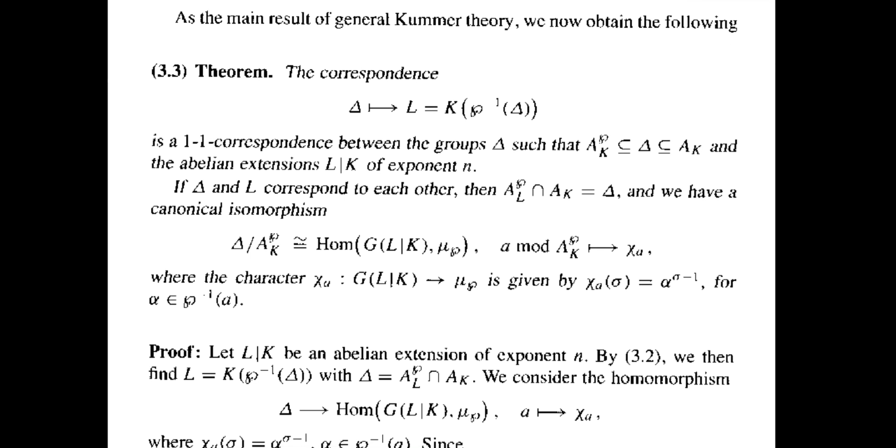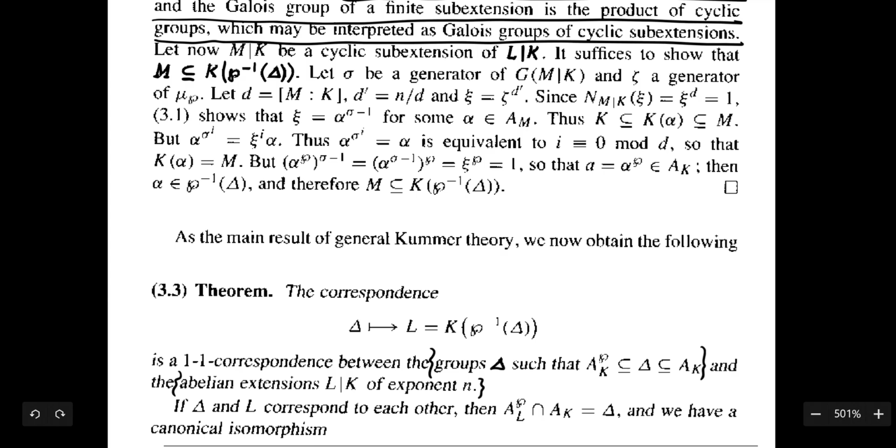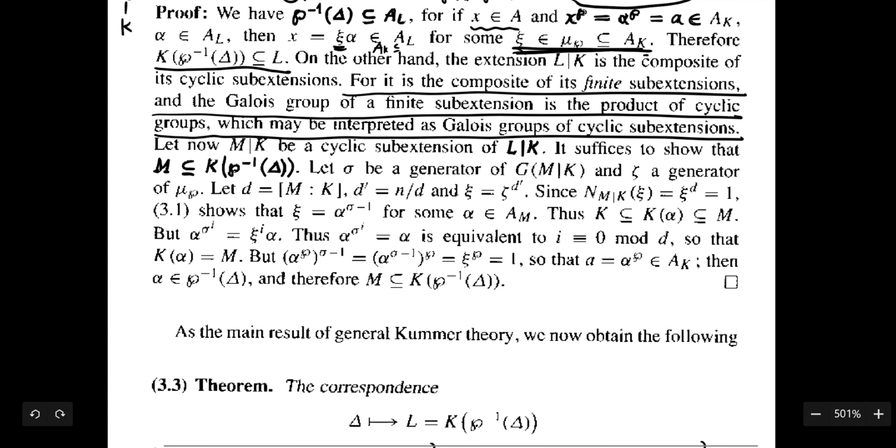Let's see the result. As the main result of general Kummer theory, we now obtain the following. The correspondence is a 1-1 correspondence between the groups delta and abelian extensions of exponent n.